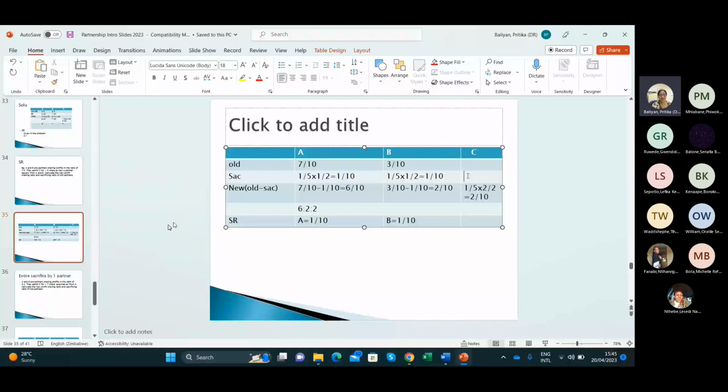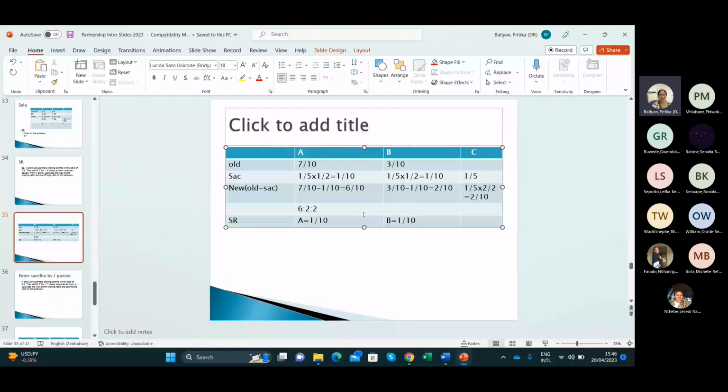To make the same denominator of 10, we multiply by 2 on top and 2 at the bottom. 1/5 times 2/2 gives 2/10. So the new ratio is 6:2:2. That is the new profit sharing ratio when the partners are equally sacrificing their proportion for the new partner.